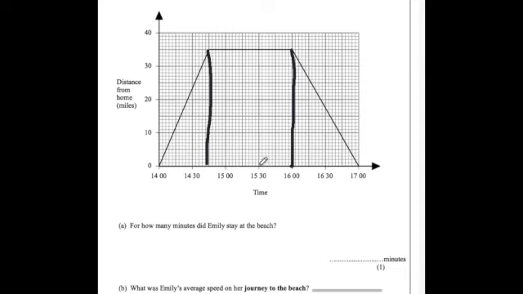Yes. Because you have 15 plus 30 plus 30, which is 75 minutes. So you have 15 between the first line and 3 o'clock, 30 minutes between 3 o'clock and 3:30, and another 30 minutes between 3:30 and 4.